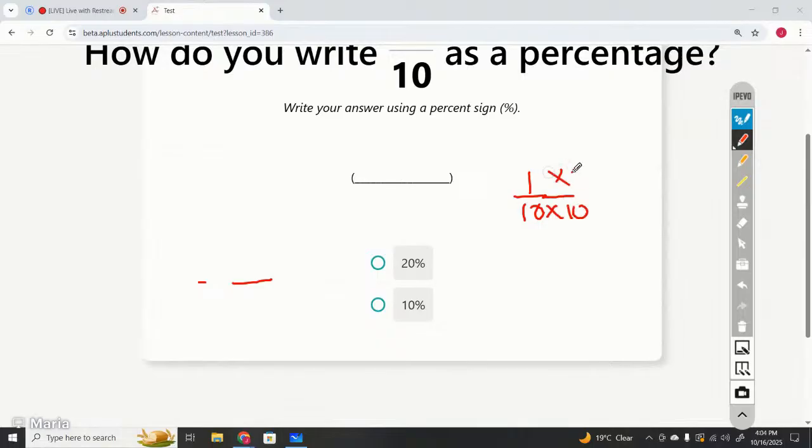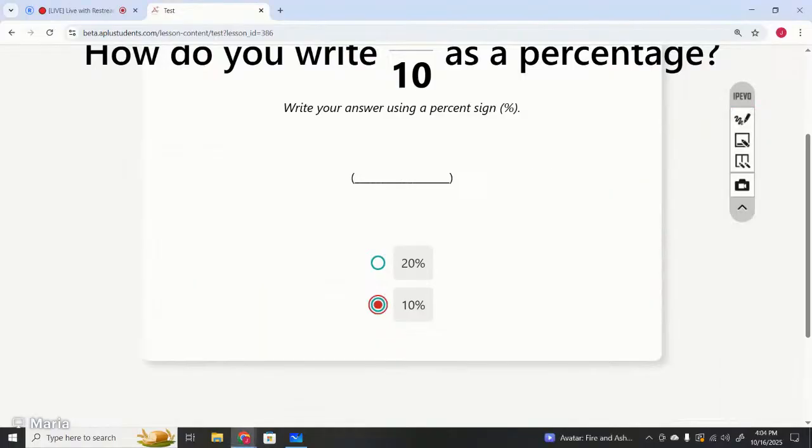So 10 times 10 is 100. So you need to multiply numerator and denominator by 10. So 10 over 100 means 10%. The correct option is 10%. Option number 2 is the correct option, that is 10%.